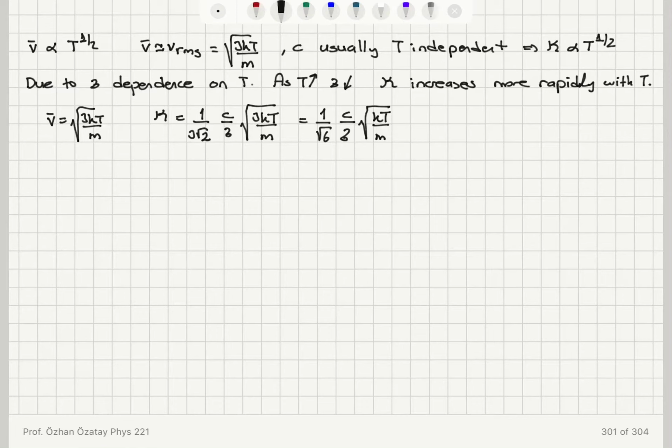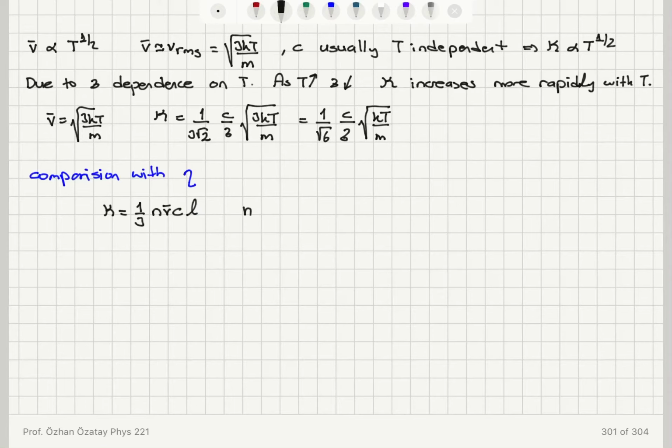Now, I want to make a comparison with viscosity. So kappa, our result for kappa is 1 over 3 n V bar C L, where L is the mean free path.